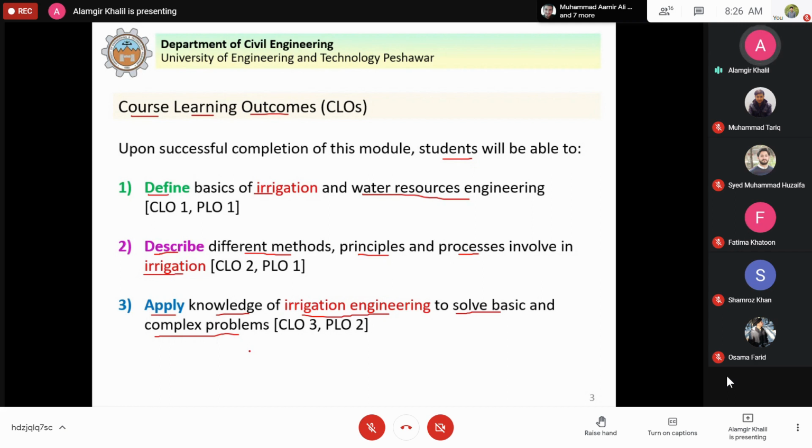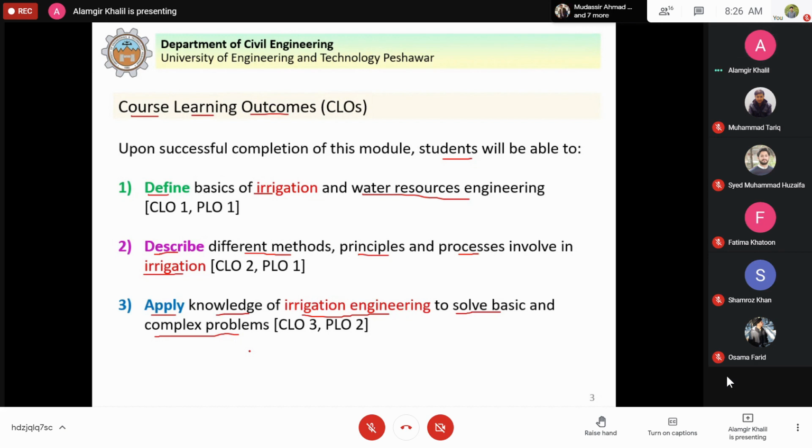The basic knowledge that we gain in this course, you should be able to apply in solving basic and complex problems. For example, if we have to develop an irrigation project, you should be able to apply the knowledge gained through this course to plan, develop, and operate that irrigation project.